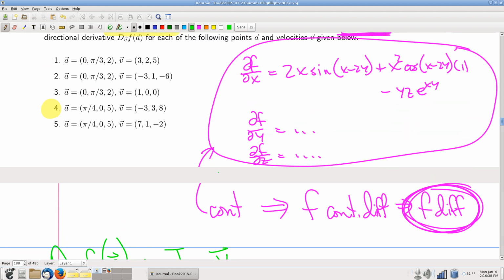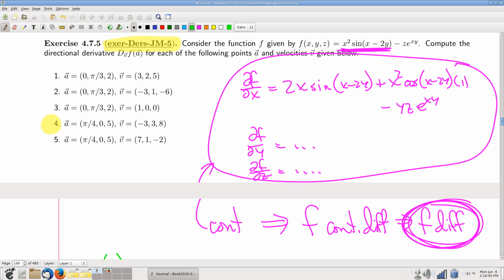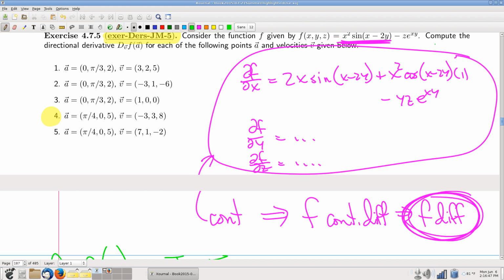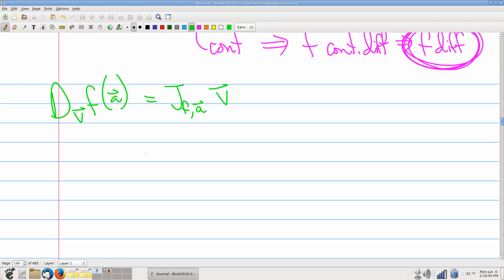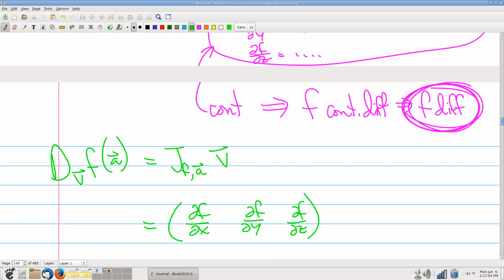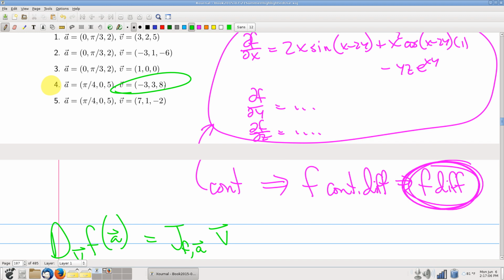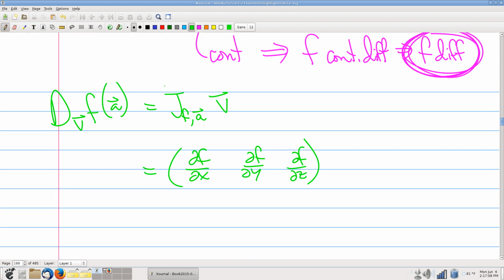Well, this function, there's only a single output value, so the Jacobian matrix is just a single row matrix. The Jacobian is partial of f with respect to x, partial of f with respect to y, partial of f with respect to z, and then I'm going to multiply that by the given vector, in this case negative 3, 3, 8.